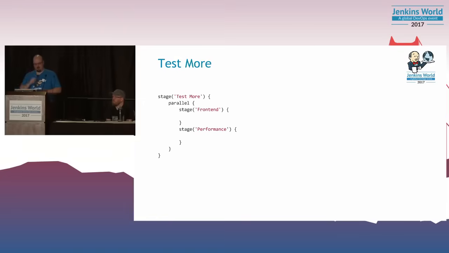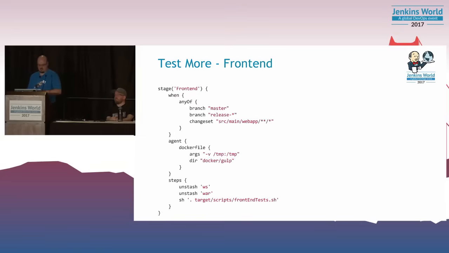So the test more. This is where I've crammed in all the new stuff in 1.2 in one stage here. So here is the new parallel syntax that Andrew talked about. We'll have 2 stages in here, the front end and the performance. So let's zoom and enhance on front end. When do we want to run the front end test?